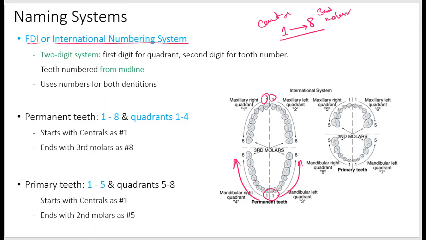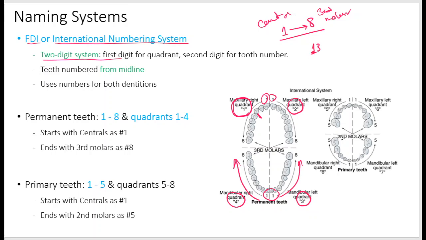And now instead of using the brackets, we're using numbers for the quadrants. So how does that work? What they did is they named the first quadrant, the maxillary right quadrant, as number 1. The maxillary left is 2, and mandibular left is 3, mandibular right is 4. So if I want to mention this tooth here, which is the canine, which is number 3 on the maxillary right, I would put 1, 3.